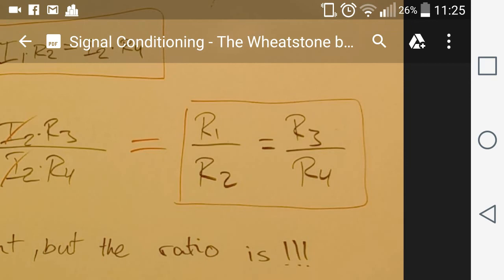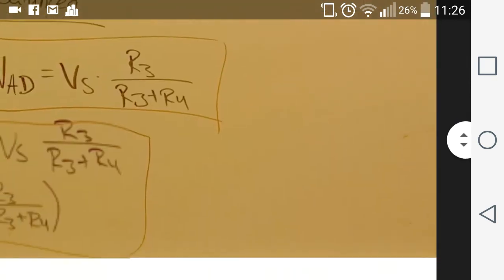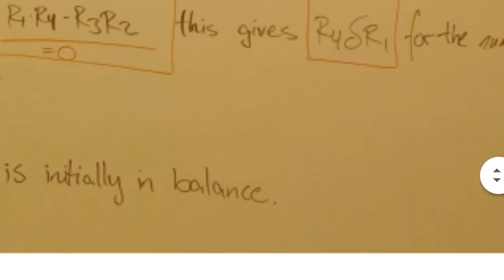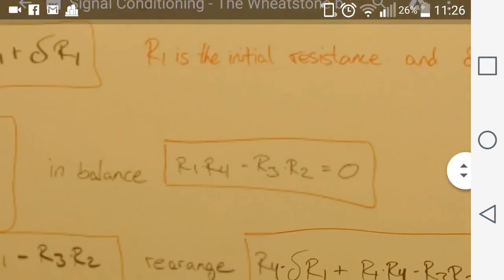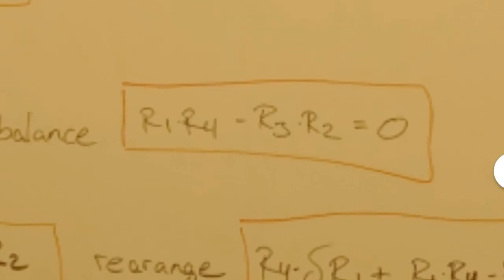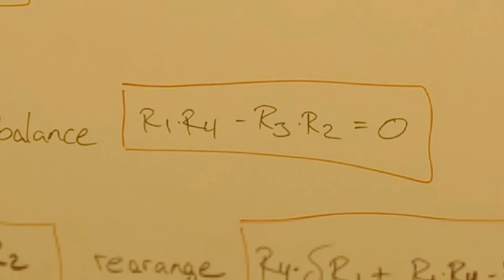If we manipulate this equation, we end up with R1 times R4 minus R3 times R2 is equal to 0.